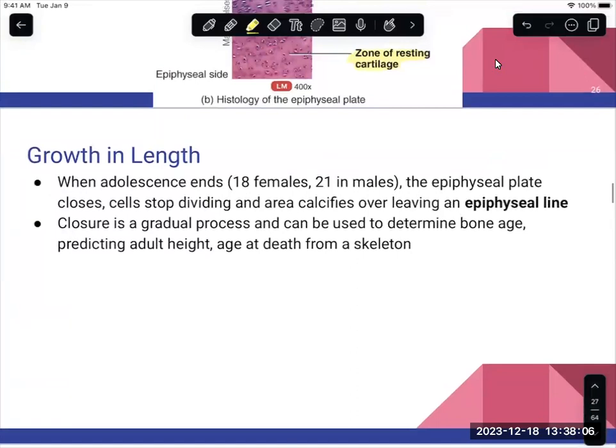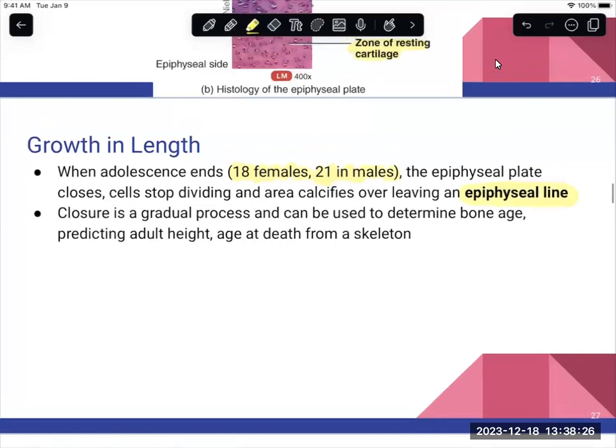So I mentioned 16 to 21. On average, females are 18 when that epiphyseal plate closes. Males is closer to 21. And instead of that epiphyseal plate, you'll see this epiphyseal line, which if you remember back to that first picture that we looked at, you kind of see this line across.